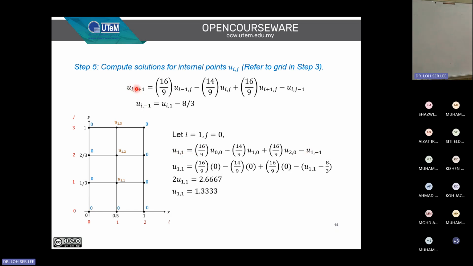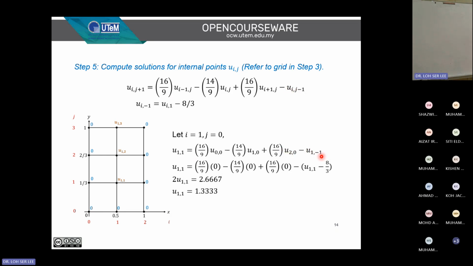If you compare this to your u_{1,1}, that means your i is 1. j plus 1 equals 1, that means j is 0. So i is 1, j is 0. When you substitute i and j using these 2 values, this is u_{1,-1}, because j is 0.